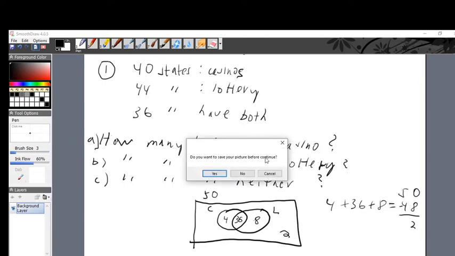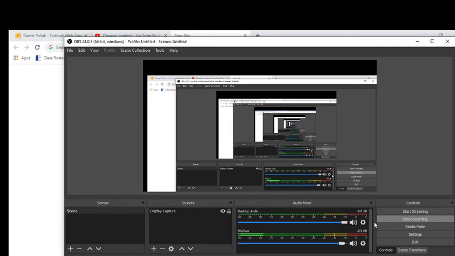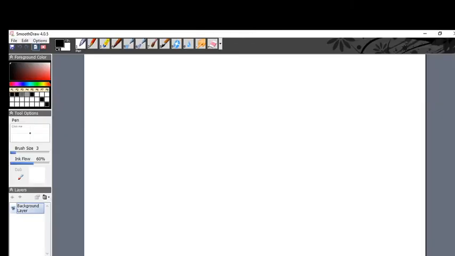Let's go to a little bit of a harder problem when there are 3 sets involved. New piece of paper, and let's try this one. This is a longer story, not too long, but a little bit on the long side. Okay, problem number 2. Here's the information.